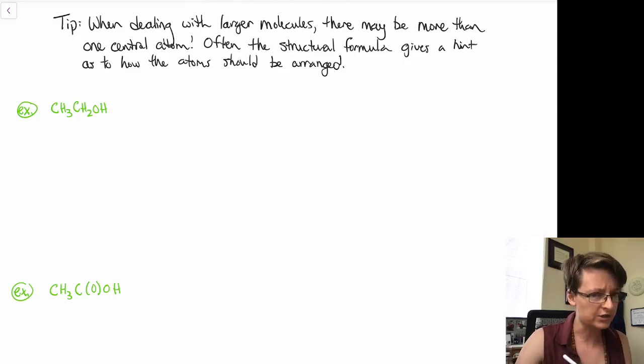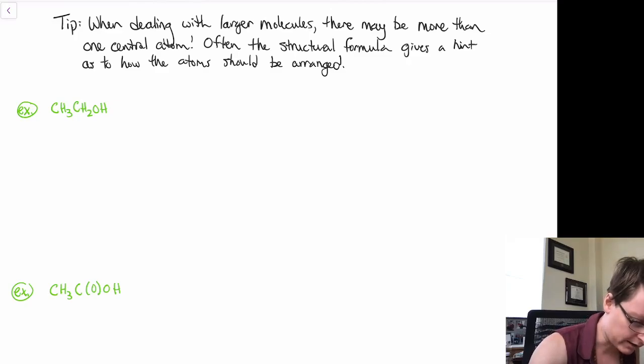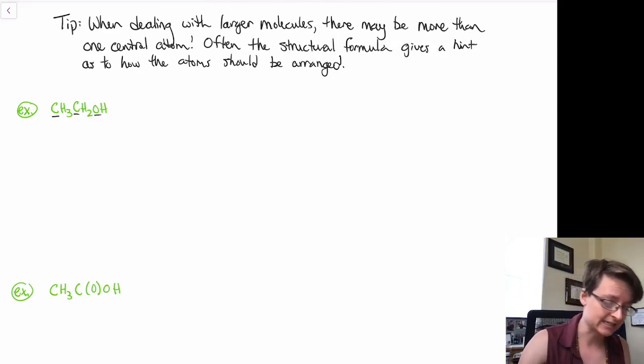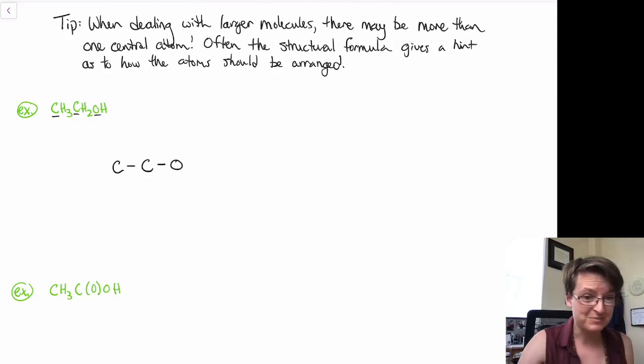We know the hydrogens are not going to be central atoms. They're going to dangle off. But within our non-hydrogen atoms, you might notice that there's a carbon, and then another carbon, and then an oxygen. These structural formulas are designed to show us that in the ultimate structure, those linker atoms are going to be linked together exactly as shown in the formula.